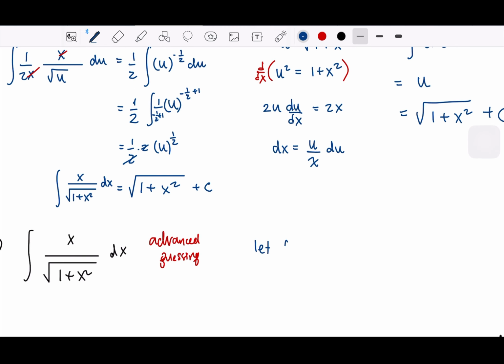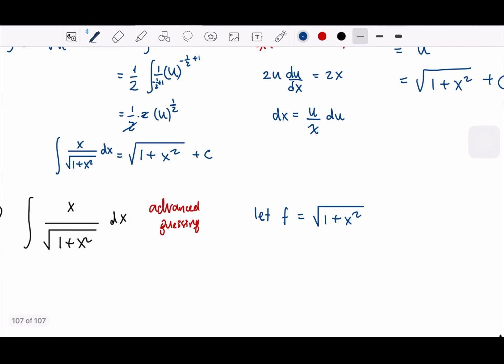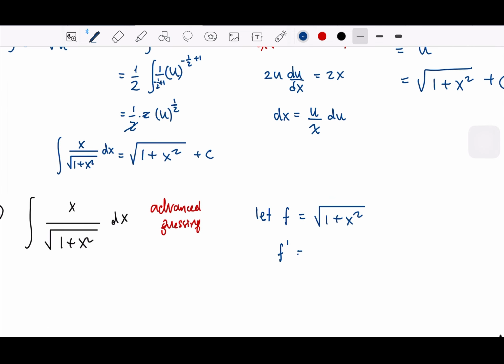Because it's a simple function, the answer is perfectly the answer itself. So we know that the integration will be square root of 1 plus x squared plus c.